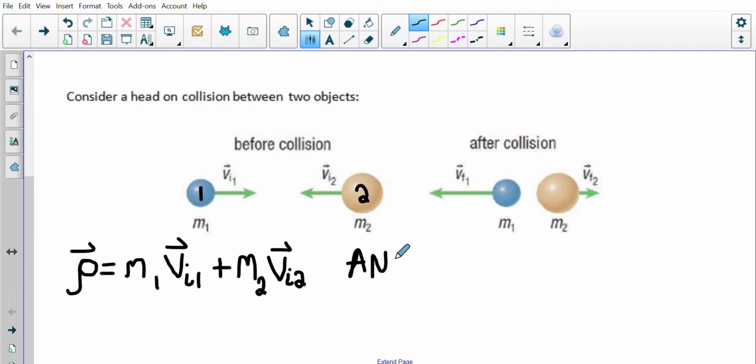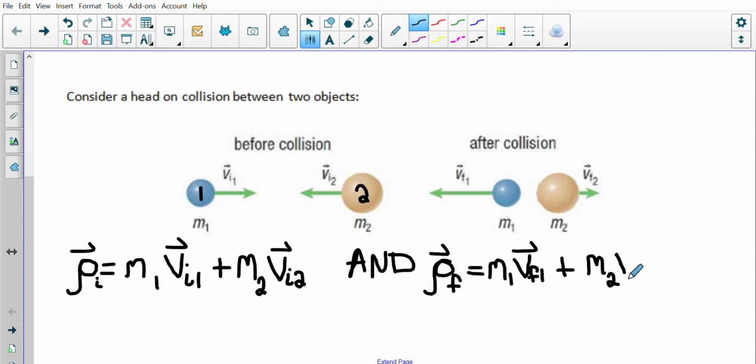And looking at the momentum after, the initial momentum, put an i there, final momentum, again you see all the little subscripts. Well, the momentum of the first object after the collision would be m1 vf1 plus the momentum of the second object afterwards, which would be m2 times its final velocity, object 2.